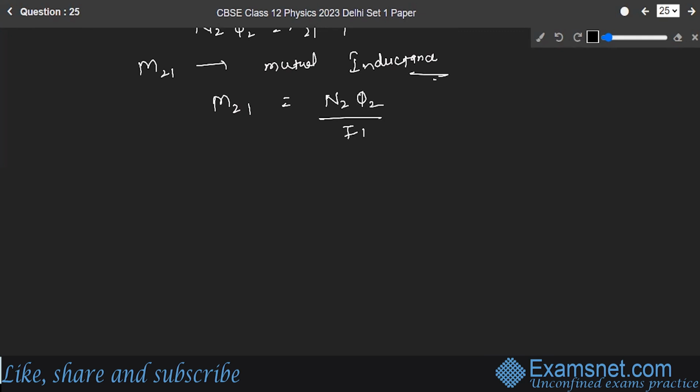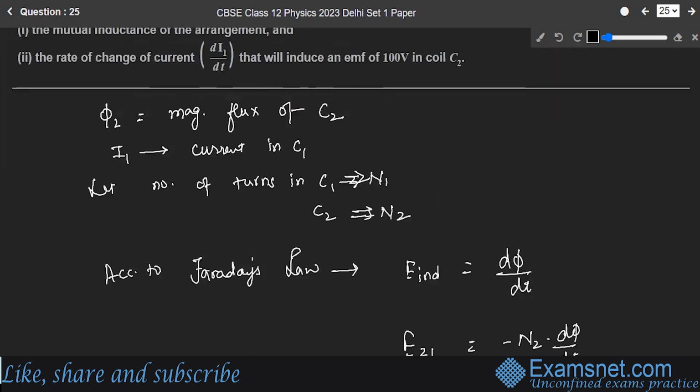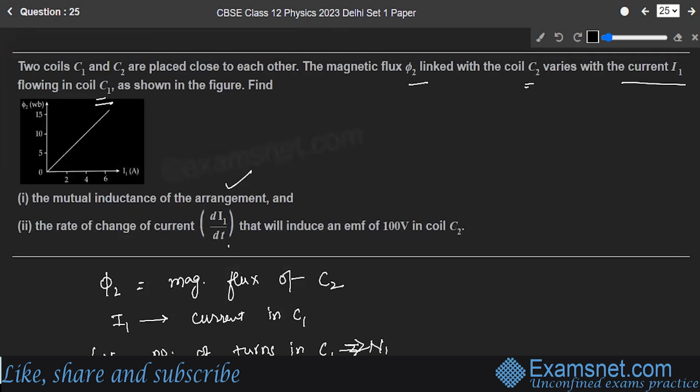That's it. Now the second one: the rate of change of current will induce an EMF of 100 volt in the coil C2.